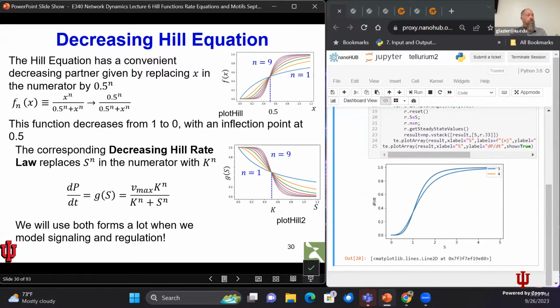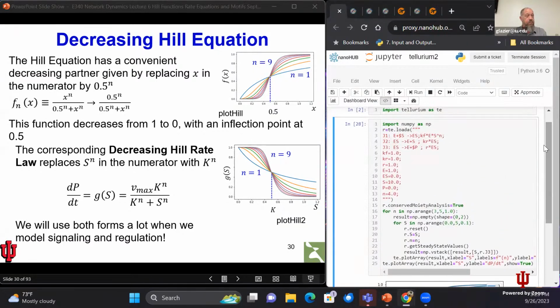And there's a nice symmetry here. All we need to do to get the decreasing value is replace the value s in our numerator with k. So s to the n over k to the n plus s to the n is replaced by k to the n over k to the n plus s to the n.